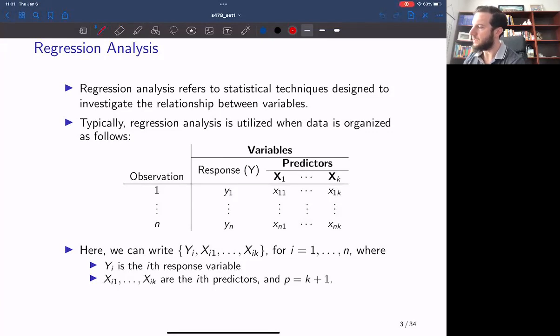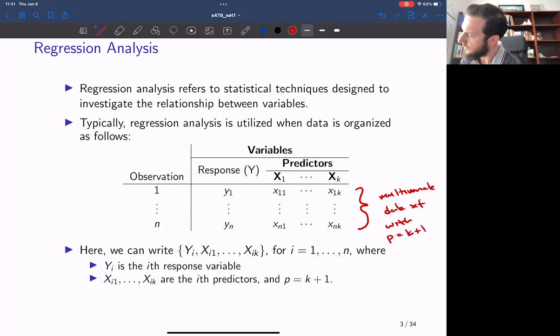Here, if we include y with the x values, this is an illustration of a multivariate data set with p = k + 1 parameters. Okay.